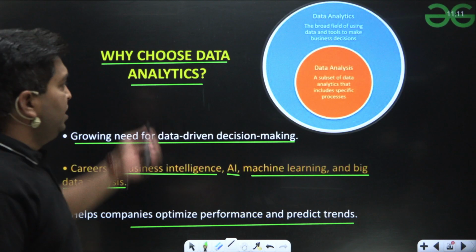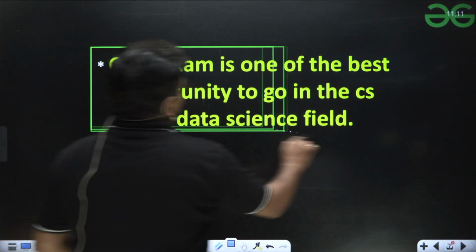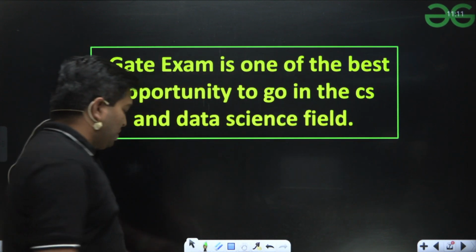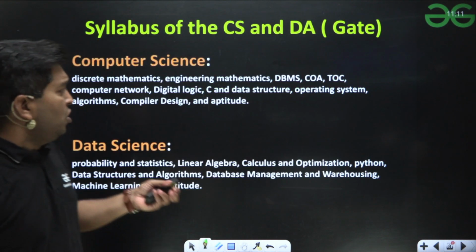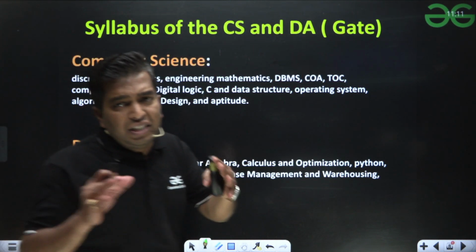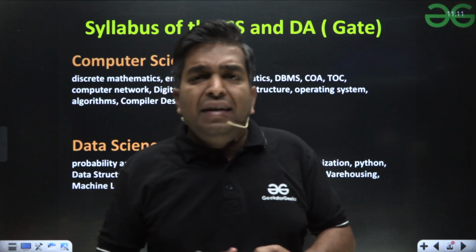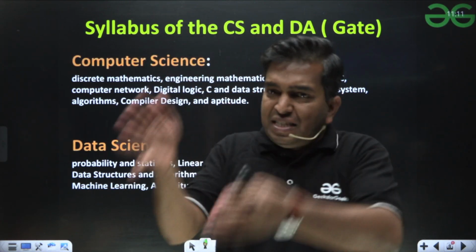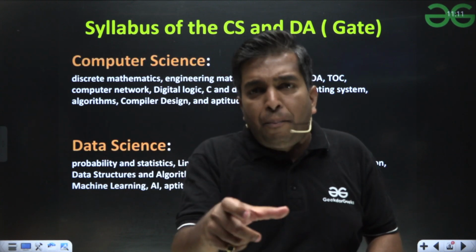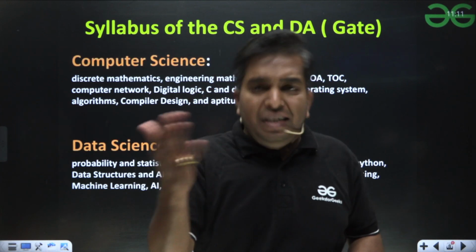And you know what happens, GATE gives one opportunity. GATE is the best opportunity to make a career in both CS and data science. So first of all, we will discuss the syllabus for computer science and the syllabus for DA. Then after discussing the syllabus, we will discuss what the similar parts in CS and DA are, and what different topics or subjects you have to read separately for DA.